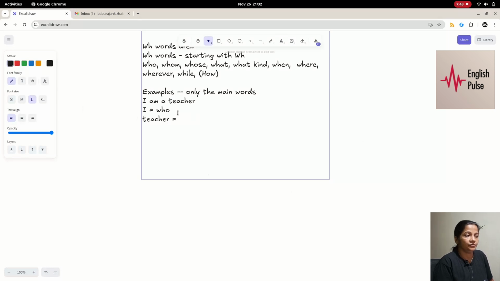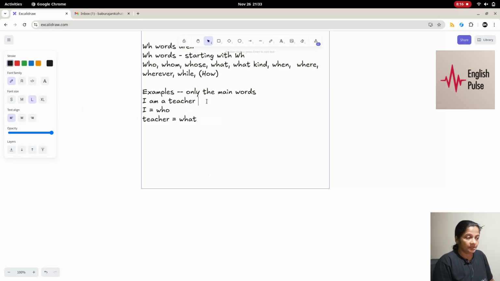What is your father? He is a doctor. He is a farmer. So any job, any profession is usually identified as what, not who. Understood? Doctor, teacher, farmer, carpenter, engineer, everything is what. So there is no confusion. The profession is what.